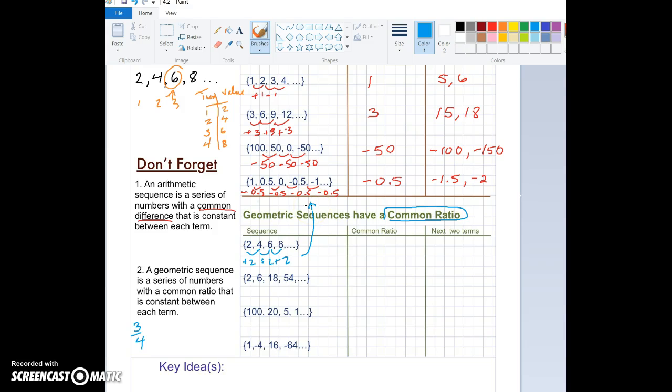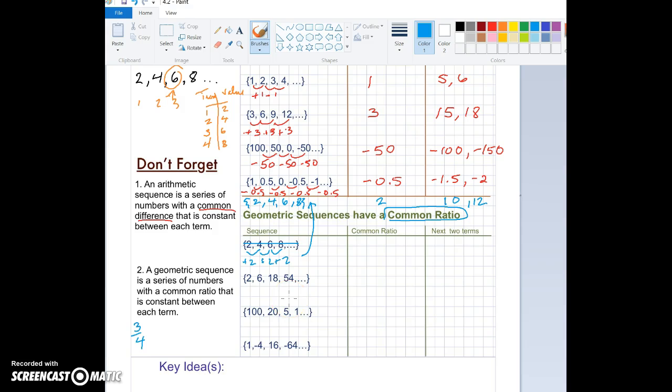So we'll write 2, 4, 6, 8, and my common difference is 2, and the next two terms would be 10 and 12. So this doesn't even belong here, does it?